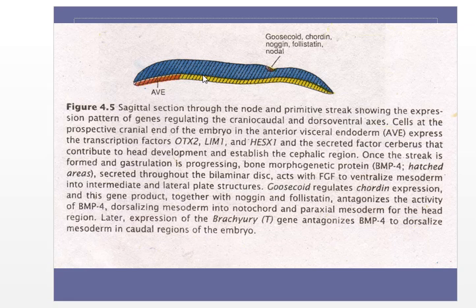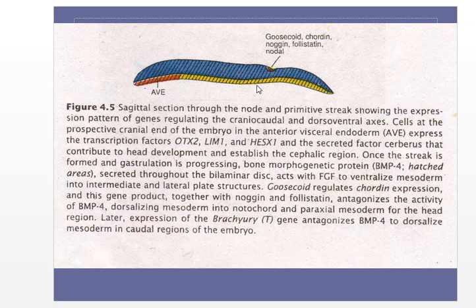Once the streak is formed and gastrulation is progressing, bone morphogenetic protein BMP4 is secreted throughout the bilaminar germ disc. This factor acts with fibroblast growth factor to ventralize mesoderm into intermediate and lateral plate structures. It means that when we have a high concentration of BMP4, the ventral body wall of the embryo is formed.